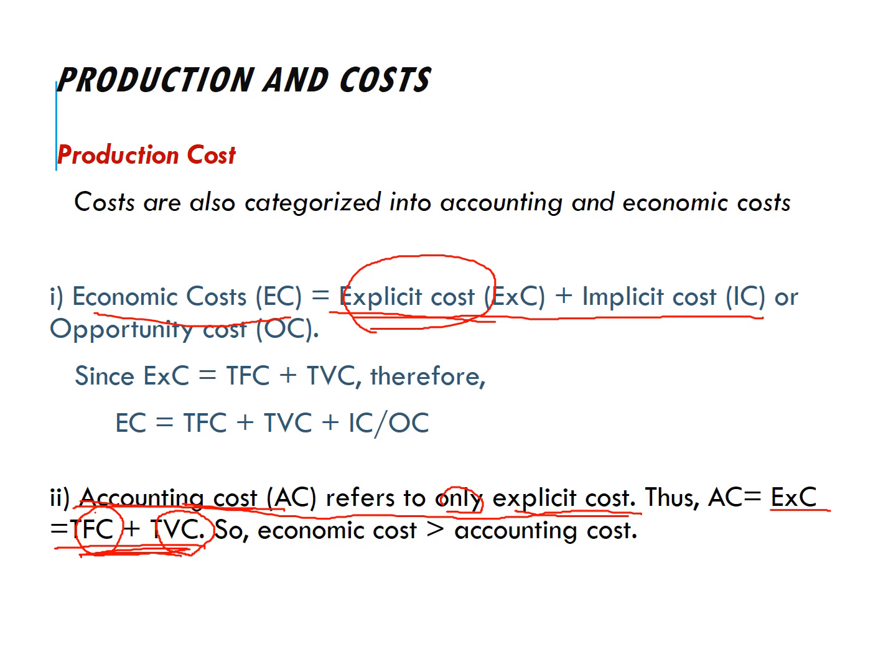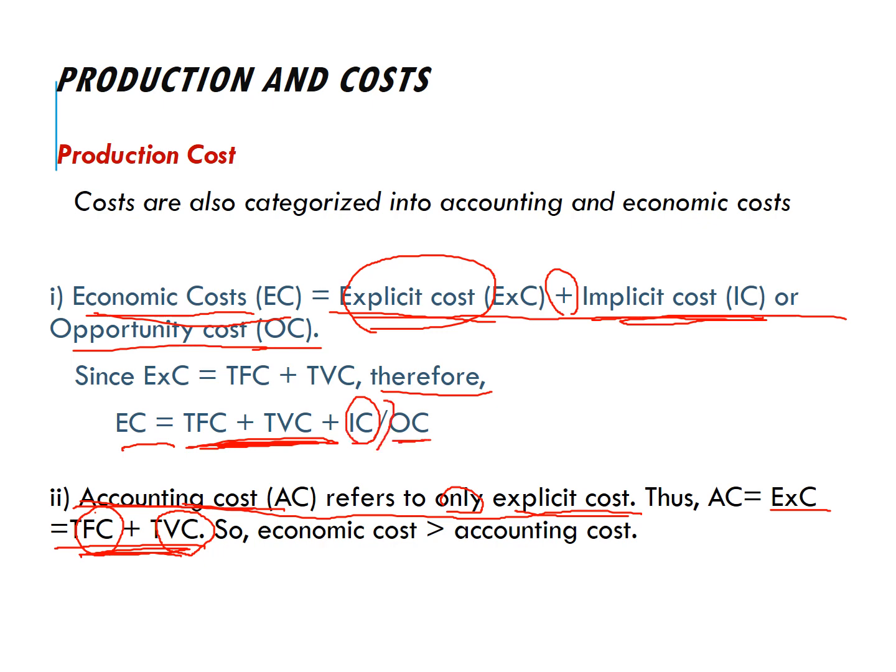But in economic cost, you have to add another component, which is implicit cost or opportunity cost. Therefore the economic cost is the explicit cost, or fixed cost plus variable cost, or accounting cost, plus implicit cost or opportunity cost.